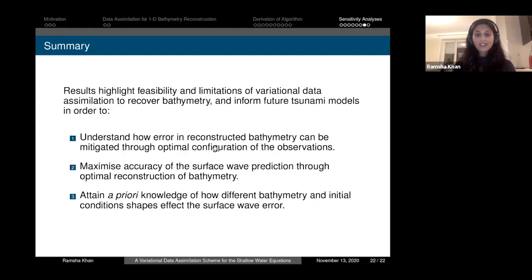So things like finding the optimal configurations, how we can maximize the accuracy of the surface wave, and thirdly, how can we attain a priori knowledge of how different parameters within the system, such as the amplitudes of the initial condition or the bathymetry or the different types of bathymetry, can affect the surface wave error.